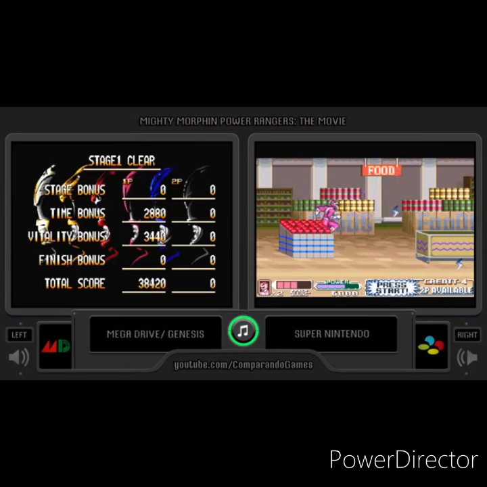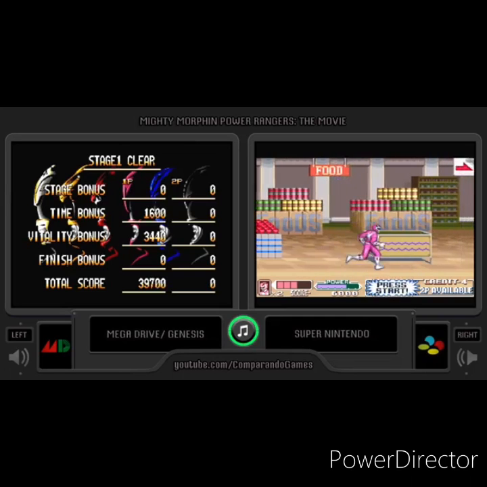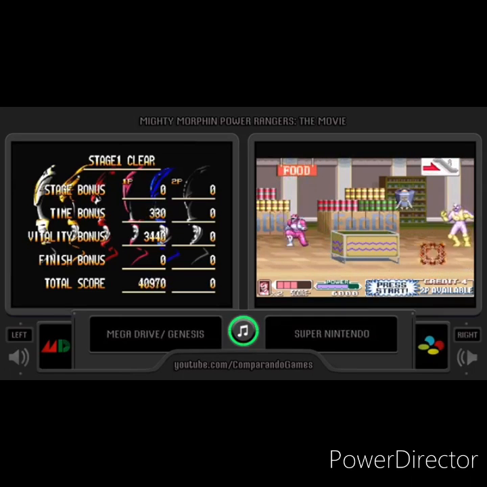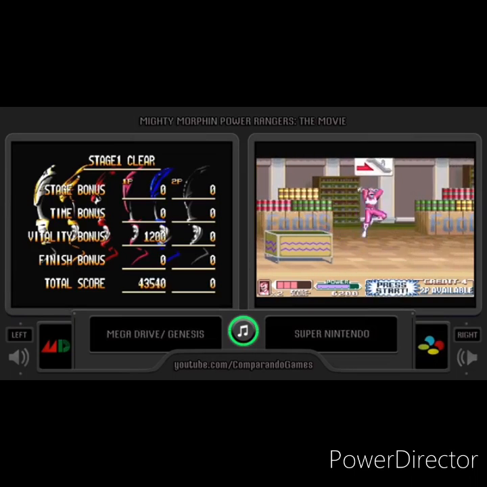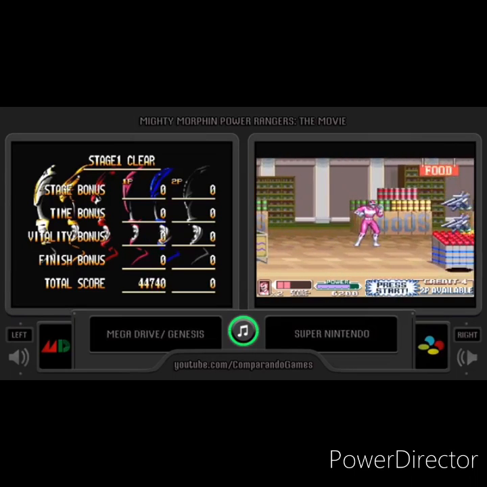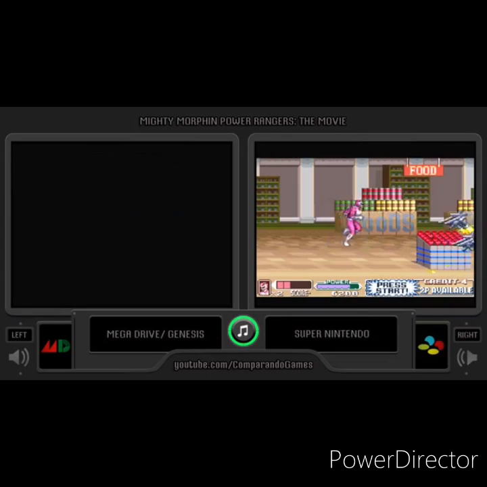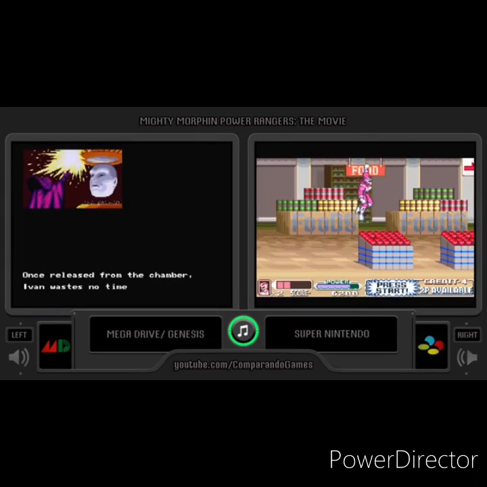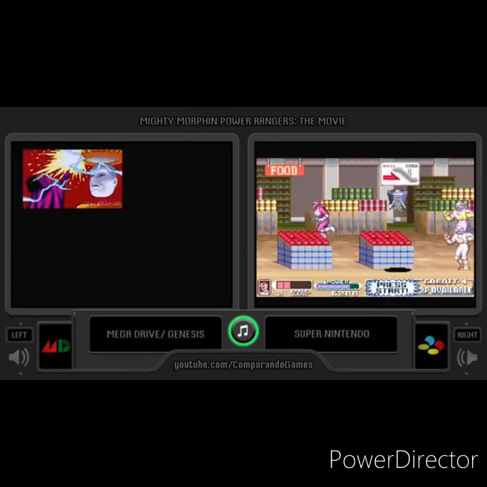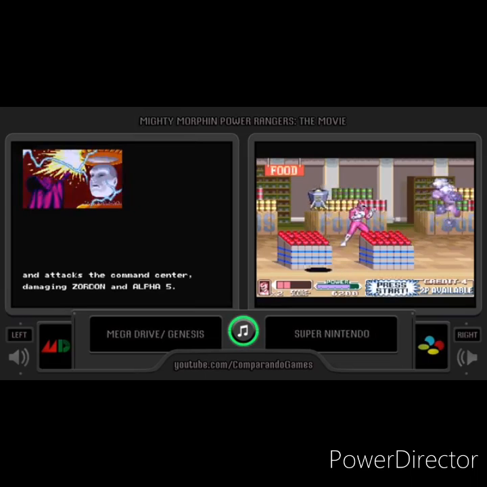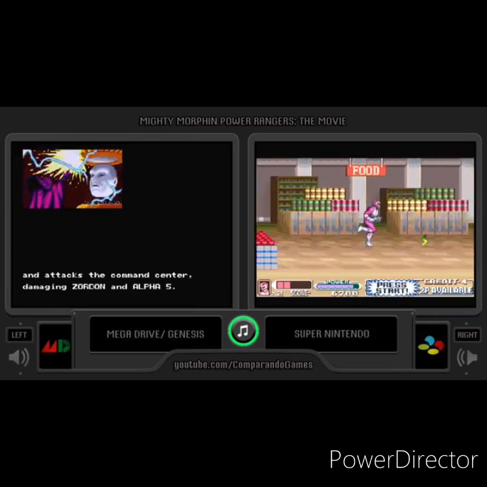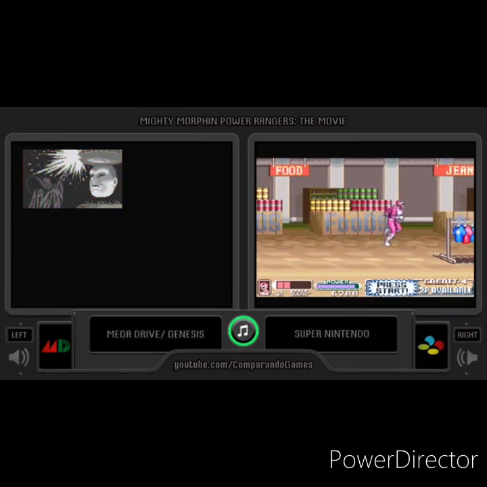Okay, so I guess the levels on the Sega game are shorter than the Super Nintendo levels. But here's the thing. You can see the storyline.